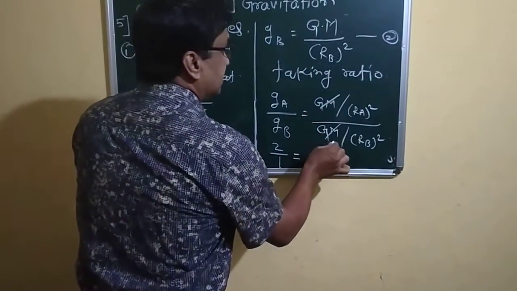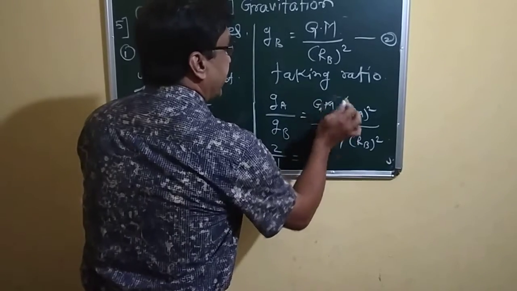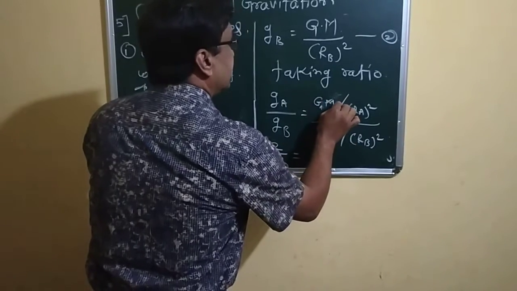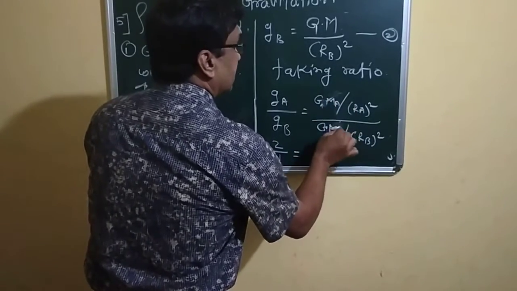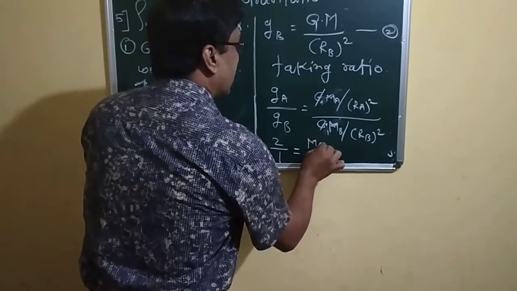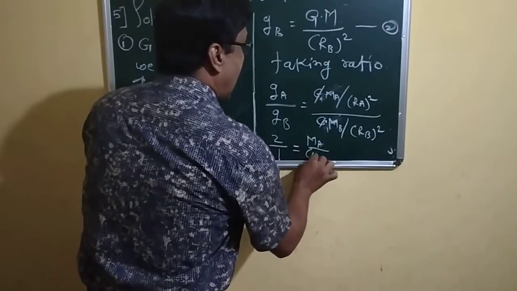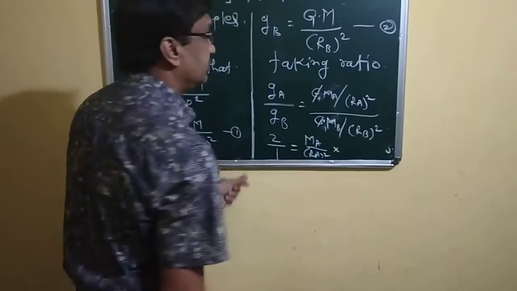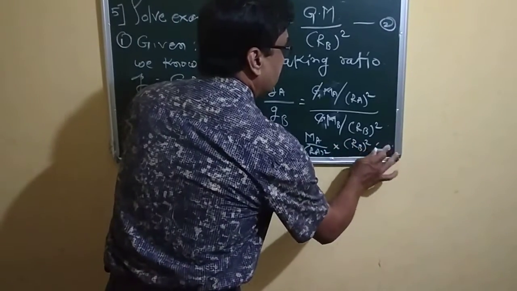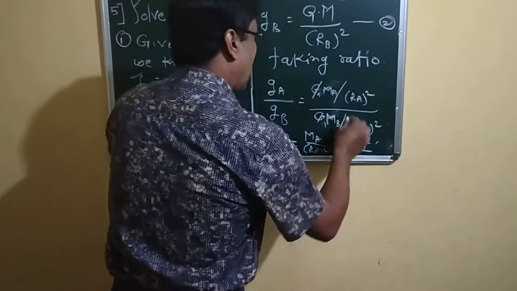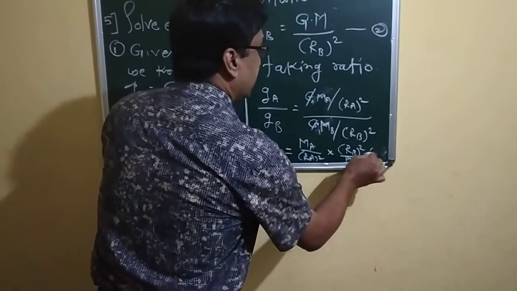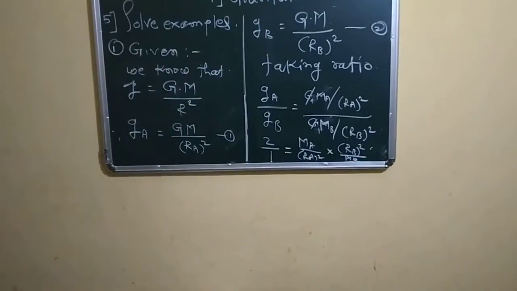GG gets cancelled, that is MA upon RA square into RB square upon MB.